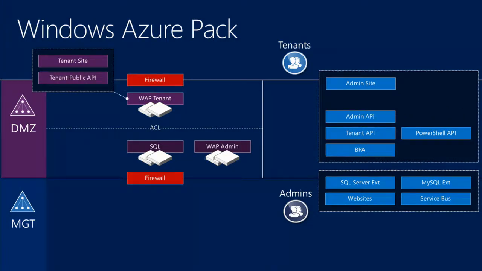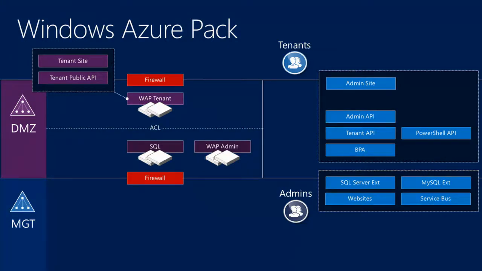The tenant public API, and this is what I'm going to show you in a second, will allow you to run PowerShell against your environment from the outside world. So me, the tenant, will have access and can deploy virtual machines, for instance, with PowerShell, which is quite interesting.